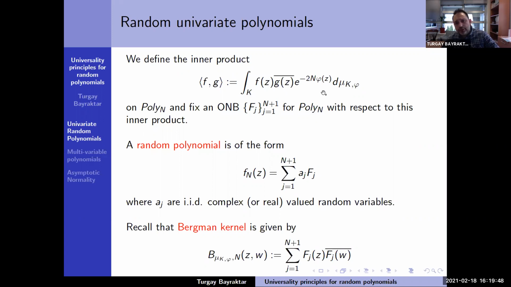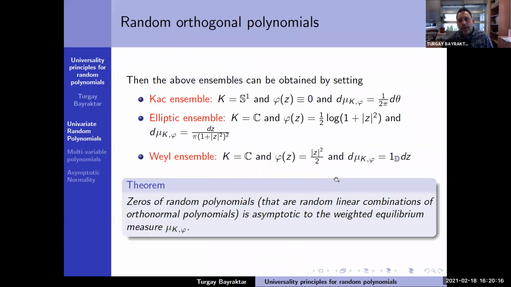So in general, you need to be careful here. Not all polynomials are integrable, but at least for the three models we discussed, that's the case. Then you fix an orthonormal basis, and you look at random linear combinations. Because the dimension is n+1, you have n+1 such polynomials, and then you write down the Bergman kernel like this, and you come up with this general picture.